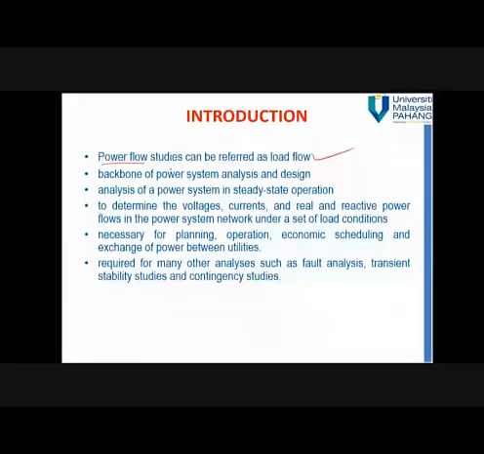Let's say for the transformer we have this TX, 100 MVA. So the power flow through this transformer must be within the limits, must be below the transformer capacity. That's why we have to run the power flow to see whether this transformer is overloaded or not.